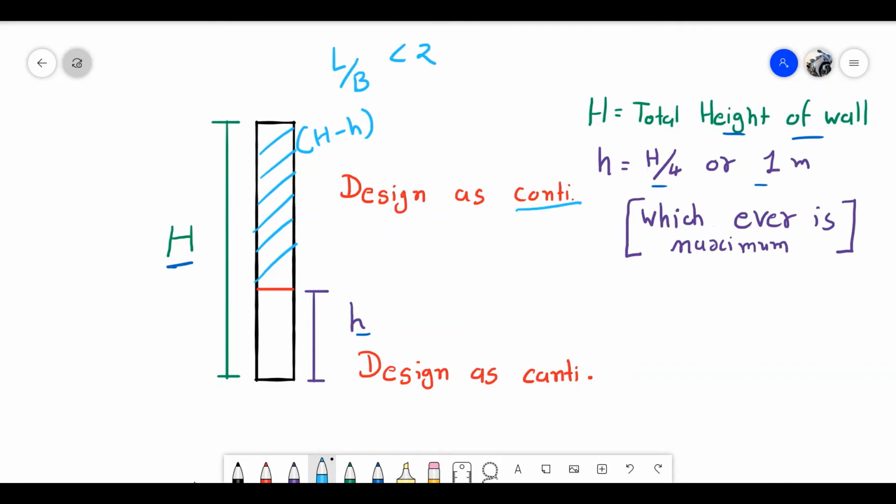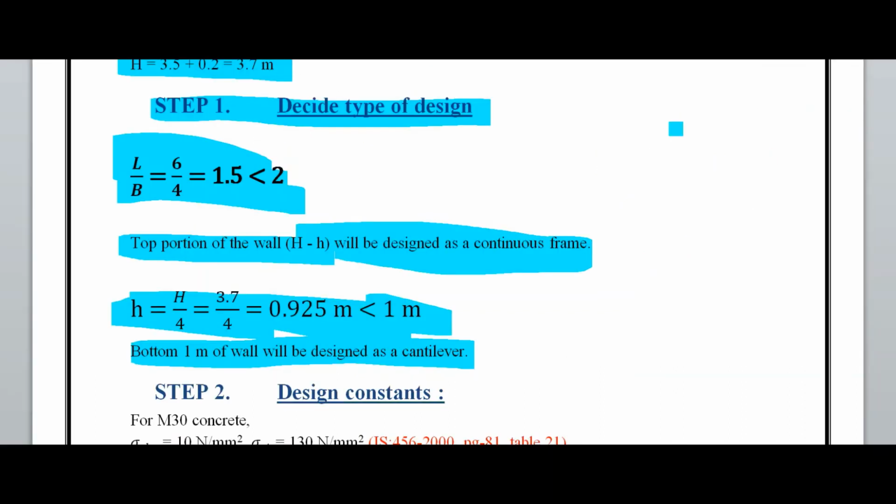But the bottom small h portion will be designed as a cantilever portion. I will explain how these will be designed, the first as continuous and the second as cantilever. Do you understand these three things? Okay.